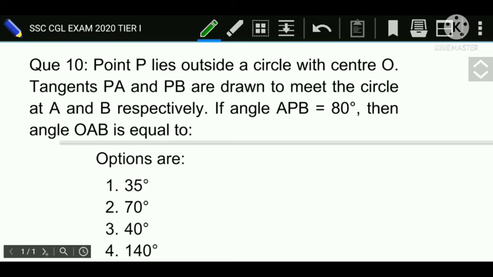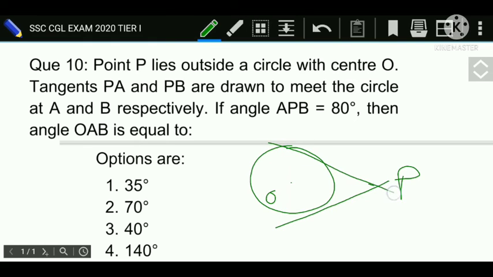So we have to draw a circle first. This is the circle and this is the center of the circle, center O. Here is O. Tangents PA and PB are drawn. Point P lies outside, means somewhere outside here is point P, and we have to draw tangents like this.